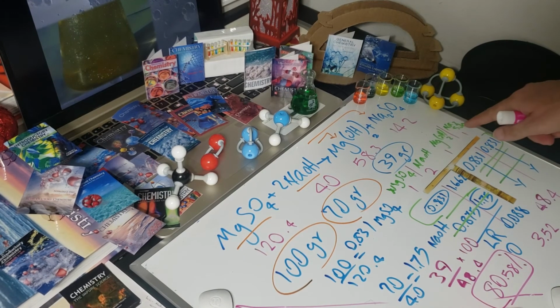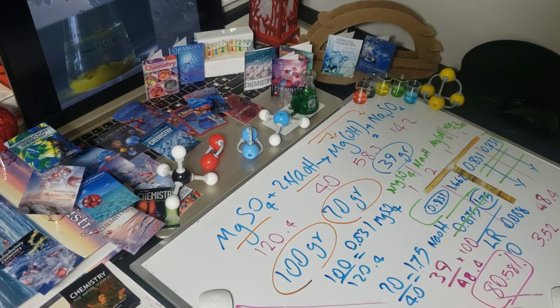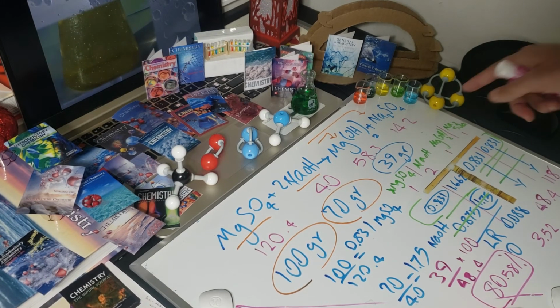How much Na2SO4, or sodium sulfate, would be produced? Again, you could take this times 142, and that gives you 118 grams of sodium sulfate.